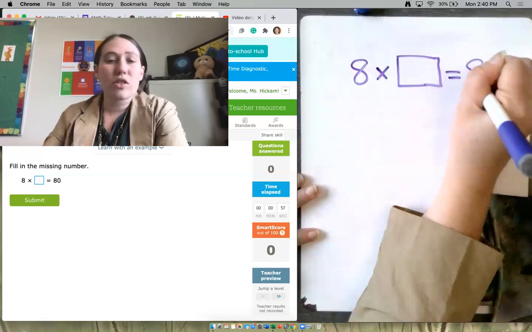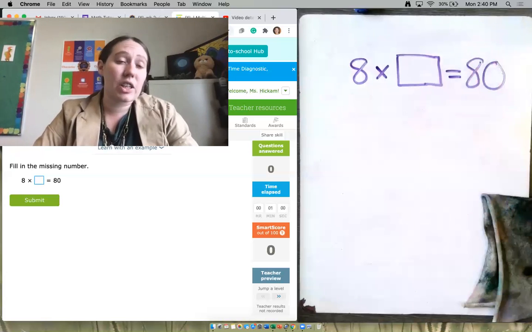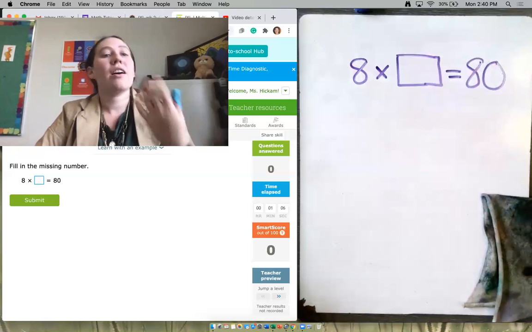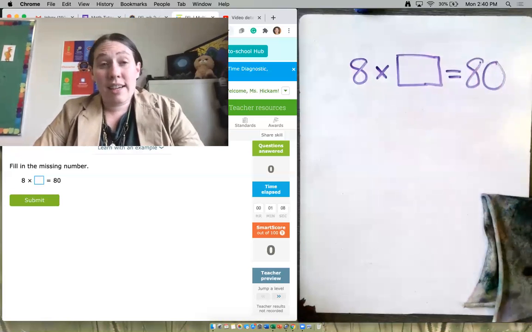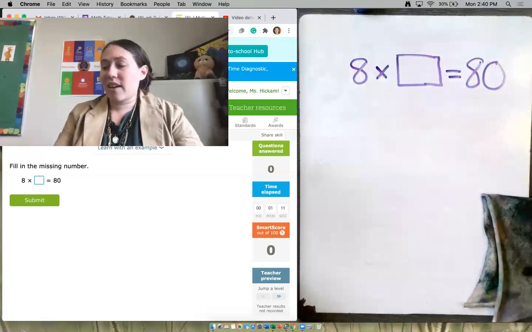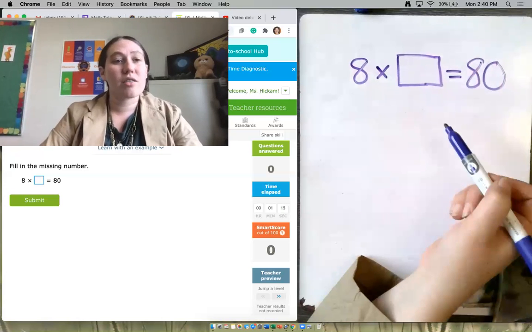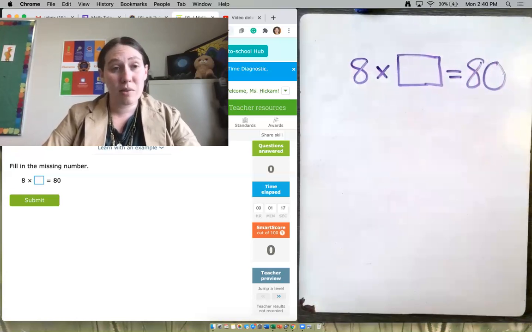Now, if I asked you what the opposite of, let's say, addition is, you would tell me subtraction. So in this case, I'm going to wonder, what's the opposite of multiplication? Because I need to do the opposite of multiplication to solve this and find the missing puzzle piece.